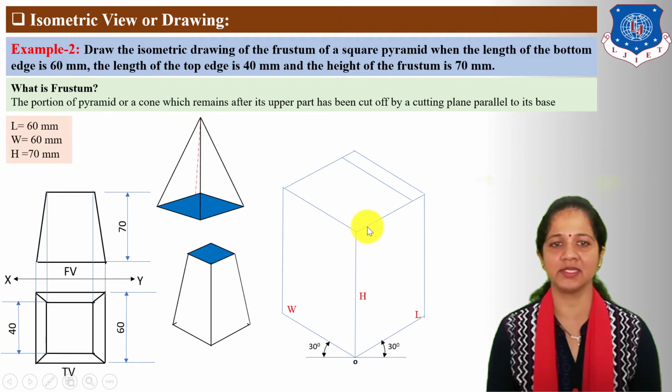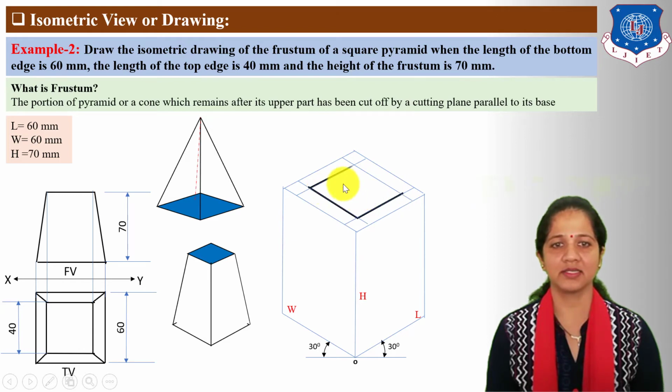Similarly, from this point, take 10 mm and draw parallel to the width line. Next, take 10 mm width on this line and draw parallel to the length line. Similarly, from this point, take 10 mm width and draw parallel to the length line.